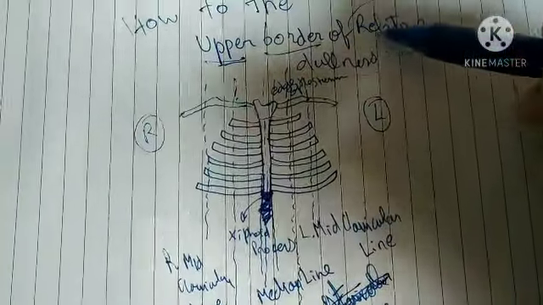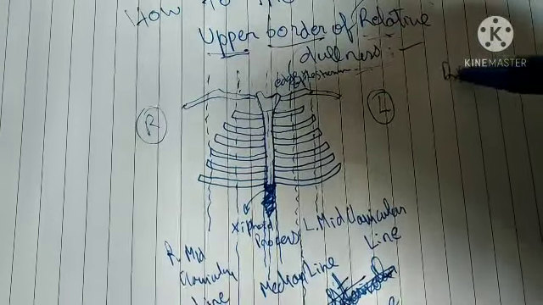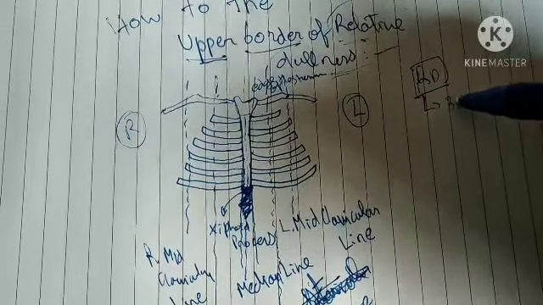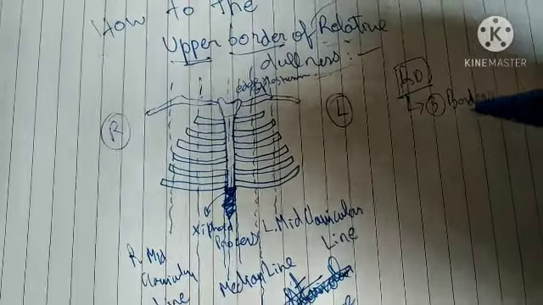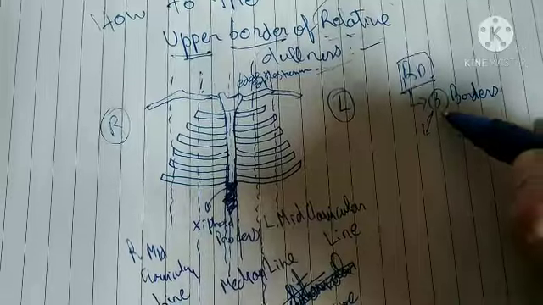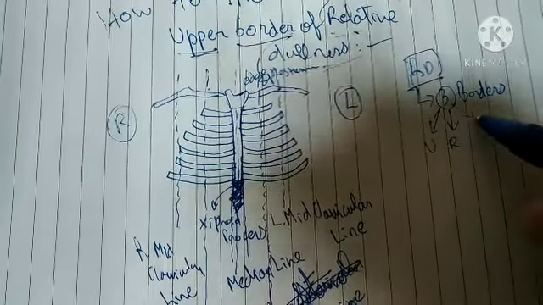Now the topic is relative dullness, which I am denoting with RD. RD has 3 borders: the upper border, right border and left border.